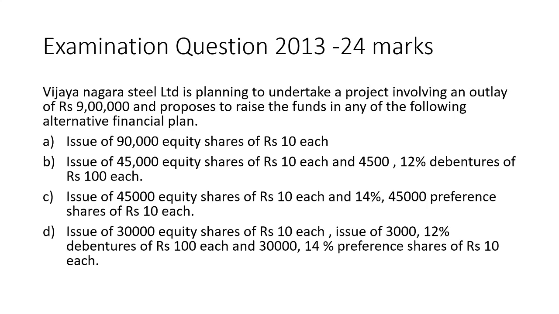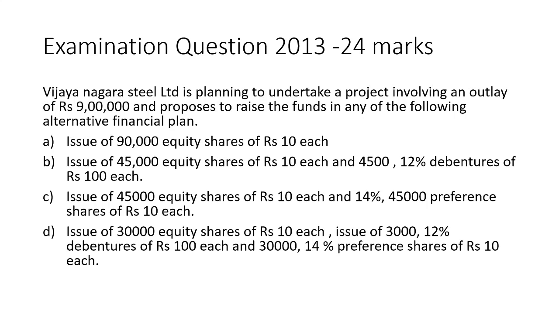The second case is the firm issues equity shares as well as 12% debentures: 4,50,000 rupees through equity shares and 4,50,000 rupees through 12% debentures. The third situation is the firm issues equity shares as well as preference shares: 4,50,000 through equity shares and 4,50,000 through 14% preference shares.